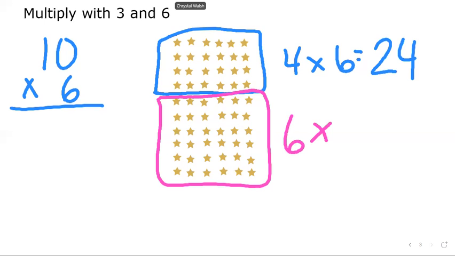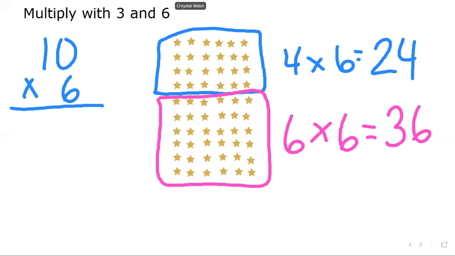And in each row, I should have 6 stars. So our equation we're going to need to find the product for is 6 times 6. What is 6 times 6? 36.